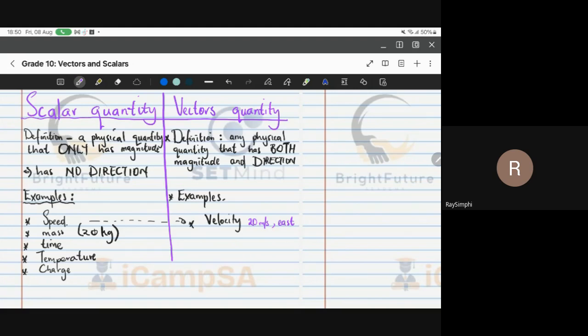So I saw an ambulance traveling at about 20 meters per second or 20 kilometers an hour to the east. That's how you describe velocity. Speed, on the other hand, you'd simply say 20 meters per second. You wouldn't specify the direction. So that is the difference between speed and velocity. That's why speed is a scalar while velocity is a vector.